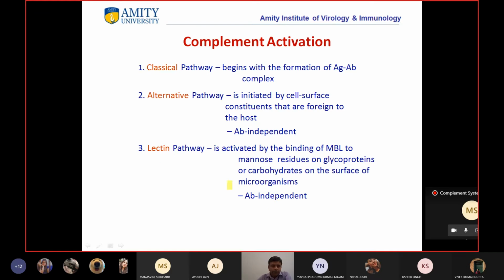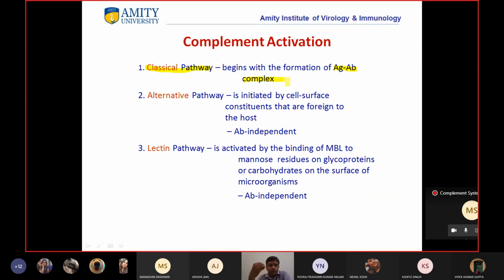Now, as I said, there are 3 pathways, and the initiation of complement is different for the 3 pathways. If we talk about the classical pathway, it begins with the formation of an antigen-antibody complex.